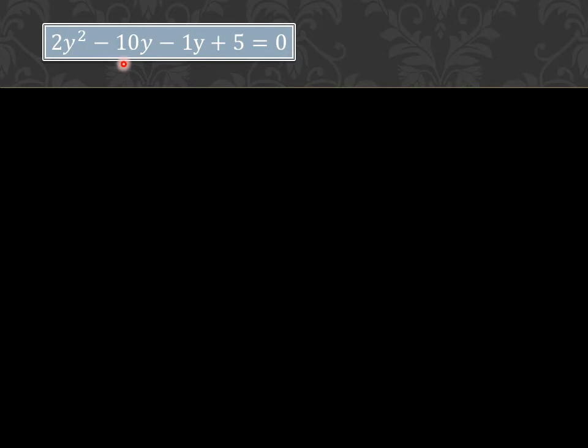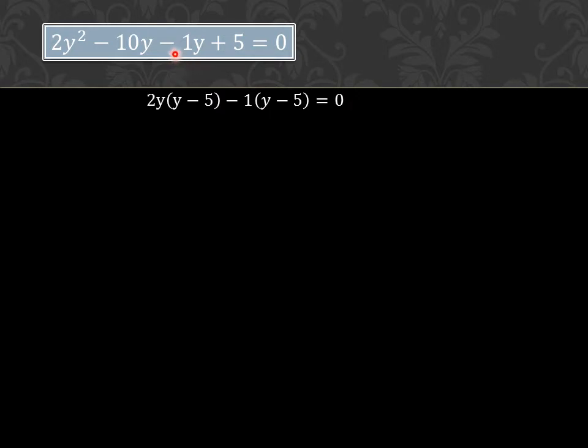What is the next step now? In the middle term break method, the next step is always to take common from the first 2 terms and then to take common from the last 2 terms. So taking common from the first 2 terms, 2y^2 minus 10y, we get 2y as the common factor, y will remain there, minus 5. Minus 1 is the common factor, so y minus 1.